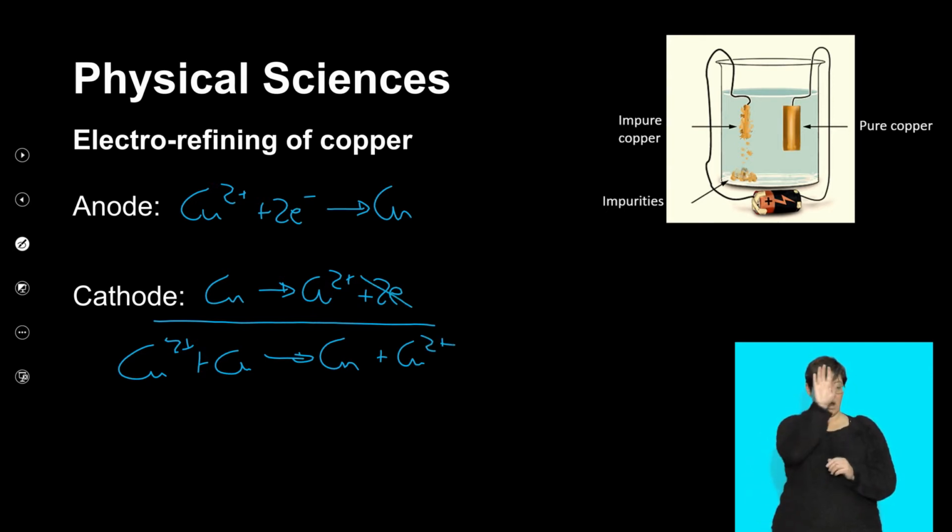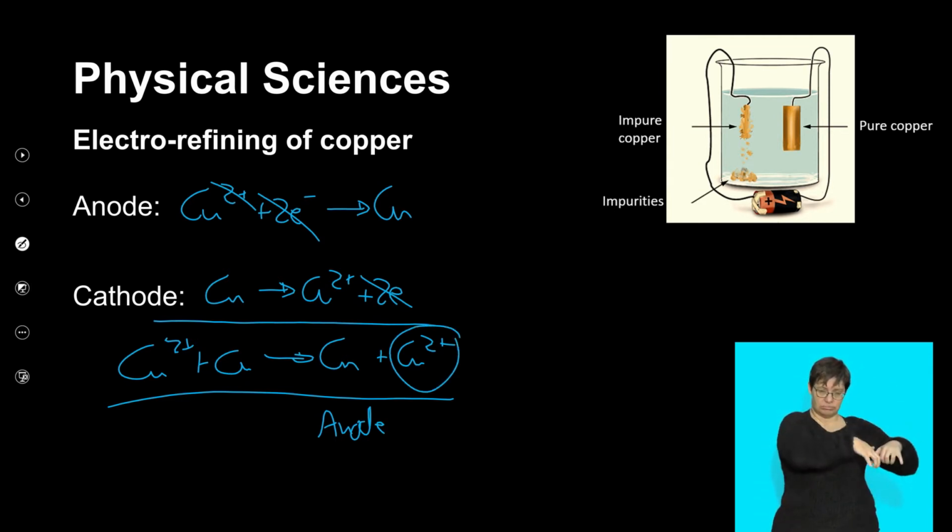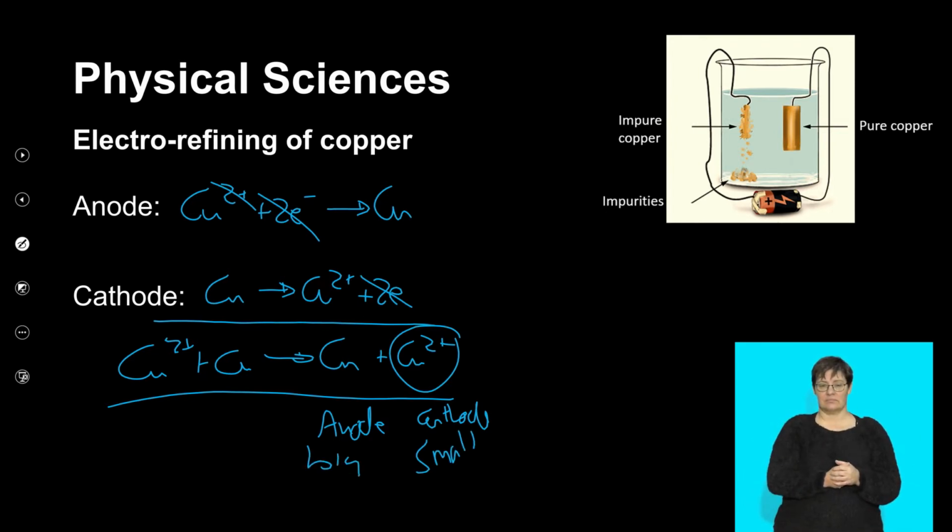The electrons will cancel out, but your overall net reaction doesn't look like much has changed, but there's a significant increase in the anode, that's where you're going to get a bigger anode and a smaller cathode. So this will get less and less, your cathode will get smaller, and your anode will get bigger. This gets smaller, and this one gets bigger.